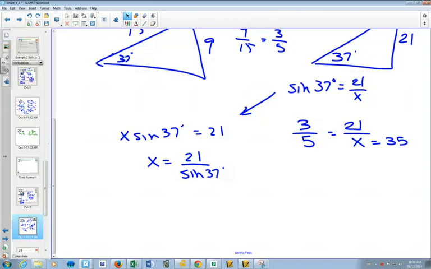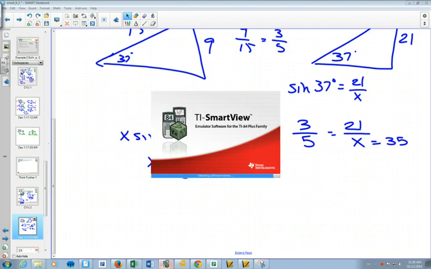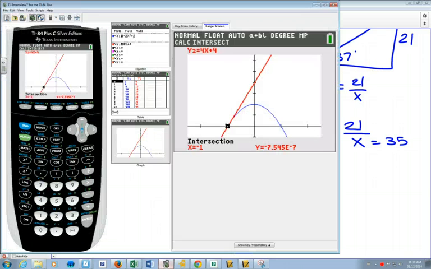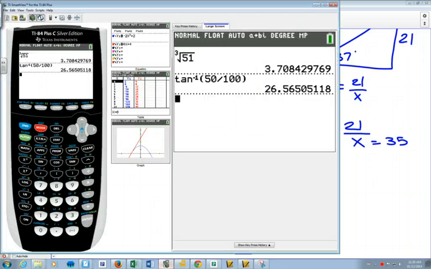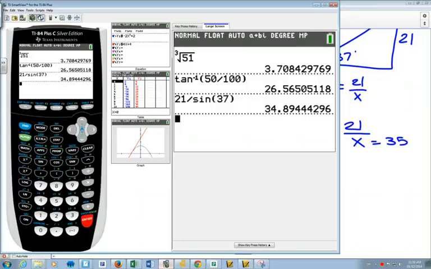Now I've rounded 37, so it's not going to be perfectly right, but it should come out close because the actual angle is like 36.9 or something. If we go to our calculator and type in 21 divided by sine of 37, because the calculator has memorized what 37 opposite over hypotenuse is, they have every single angle imaginable built in, and sure enough, 34.89, very close to 35.